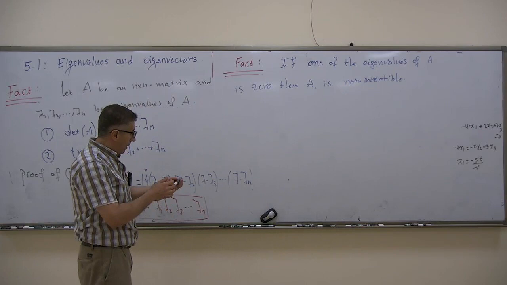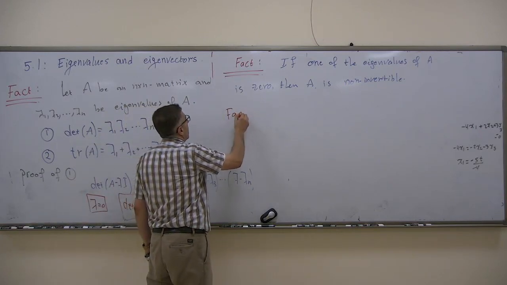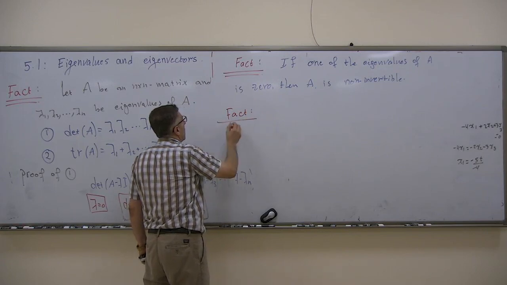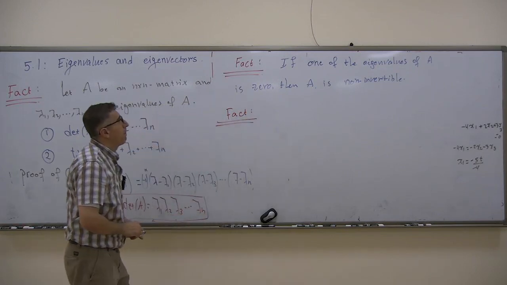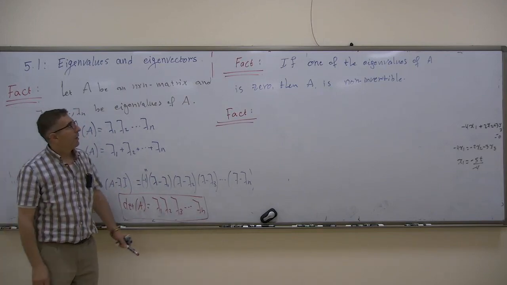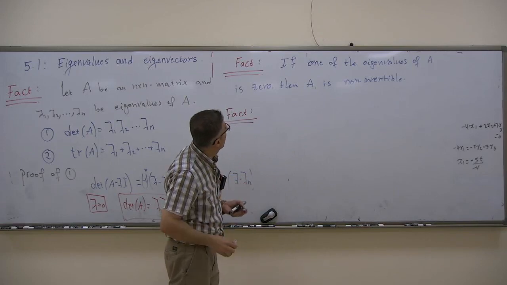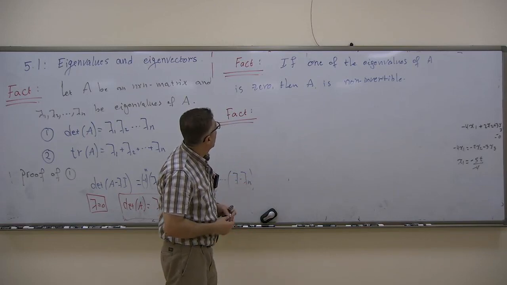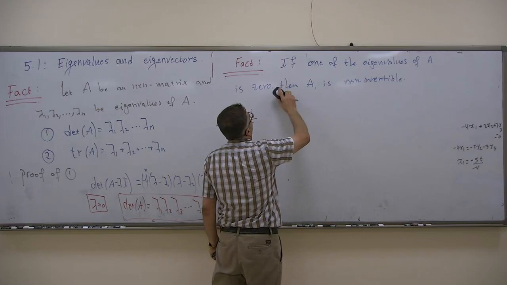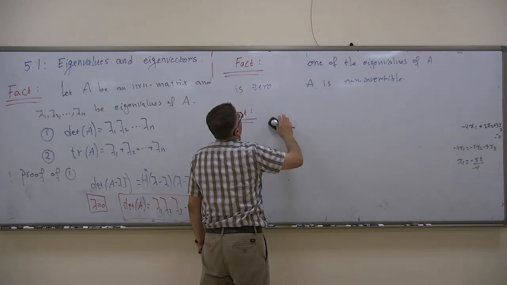All right. We can write another fact here. Suppose none of the eigenvalues is 0. It means, actually, here I said if one of the eigenvalues of A is 0, I can make it both ways. I can write it if and only if.